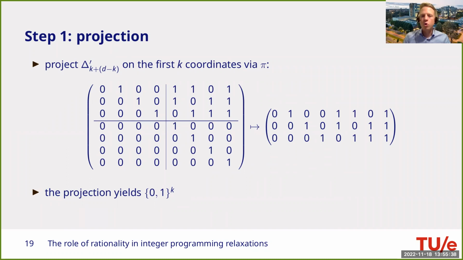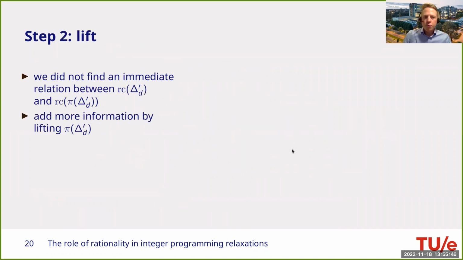And then our goal is to assign a proper height value to these projected vectors. And the reason why we need this height value is because we did not find an immediate relation between the relaxation complexity of this modified simplex delta d prime and its projection, and assigning a lifting or a height value to these integer points will allow us to restore some structural properties.